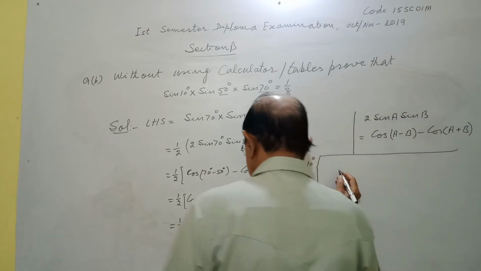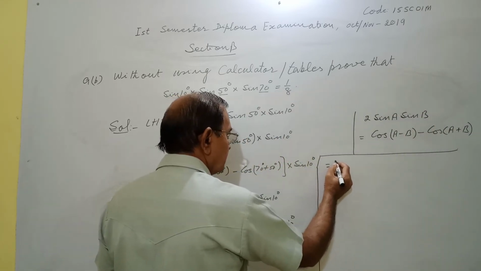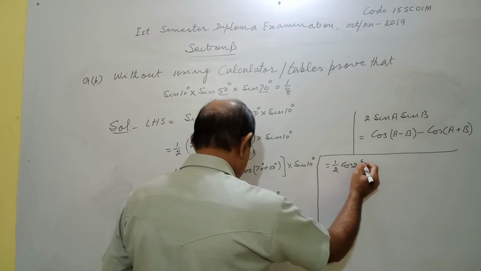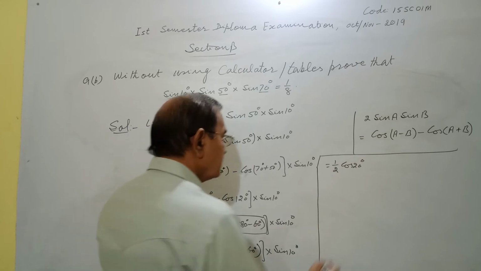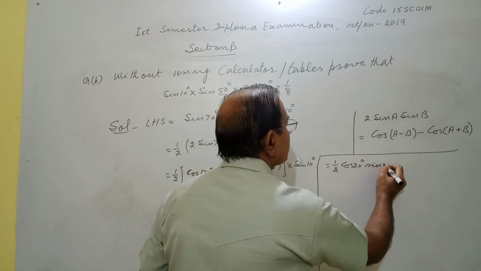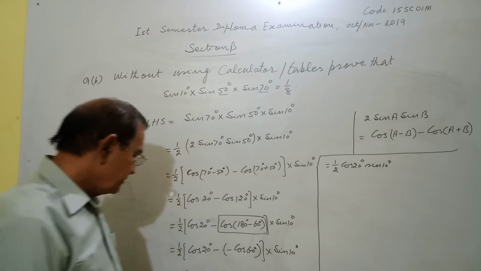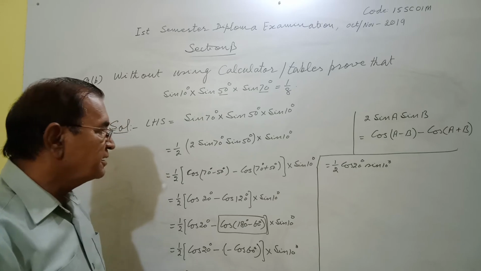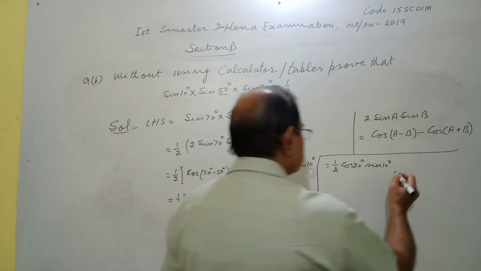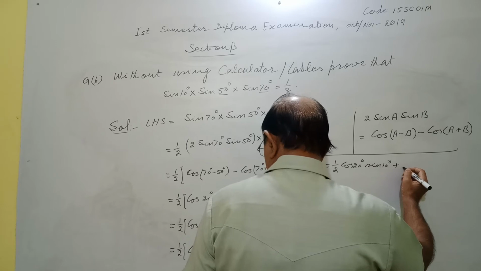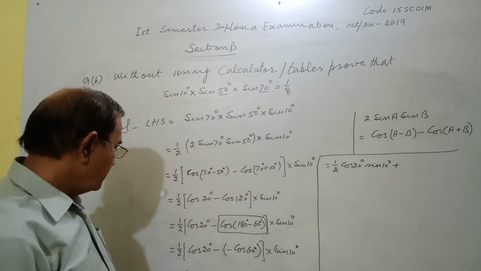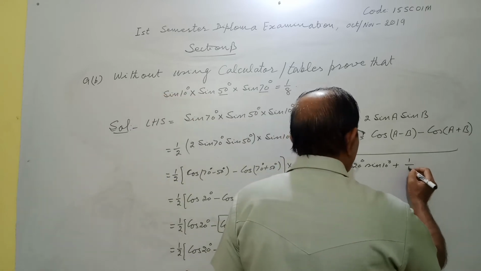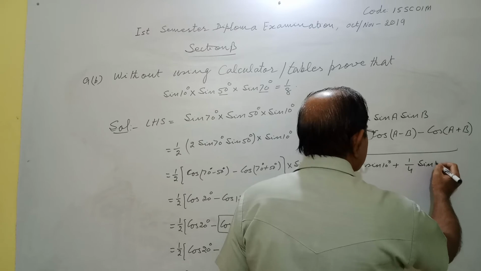Equals 1 by 2 cos 20 sin 10, multiplied by sin 10, plus 1 by 2 times 1 by 2 is 1 by 4 sin 10 degree.